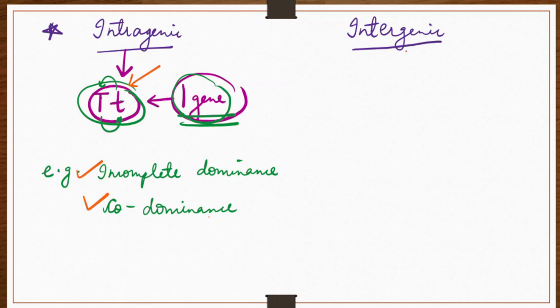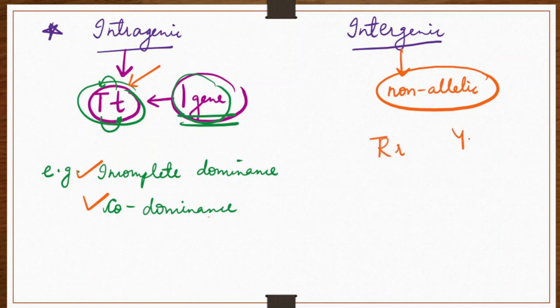Speaking about intergenic: intergenic means non-allelic. Intergenic means there are two different genes. Let us say there is a gene capital R small r and capital Y small y. This is a different gene and this is a different gene.